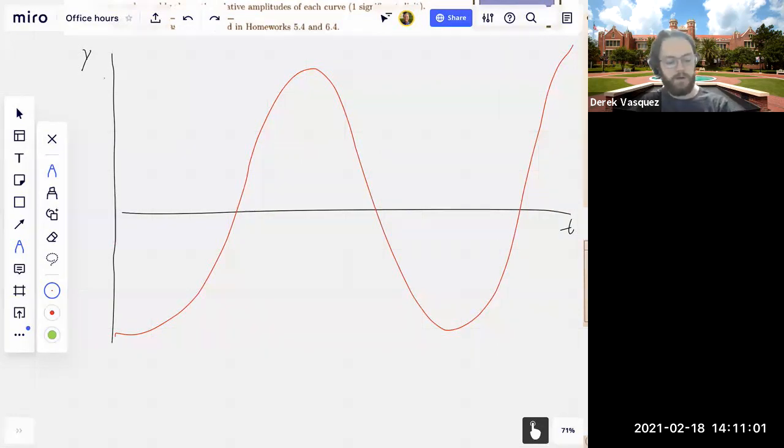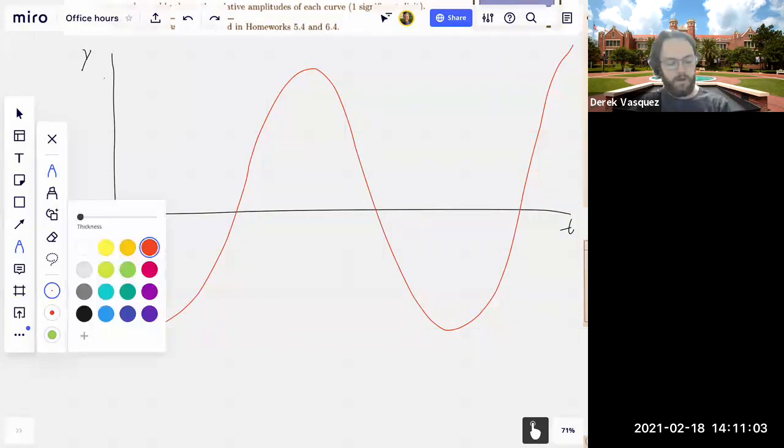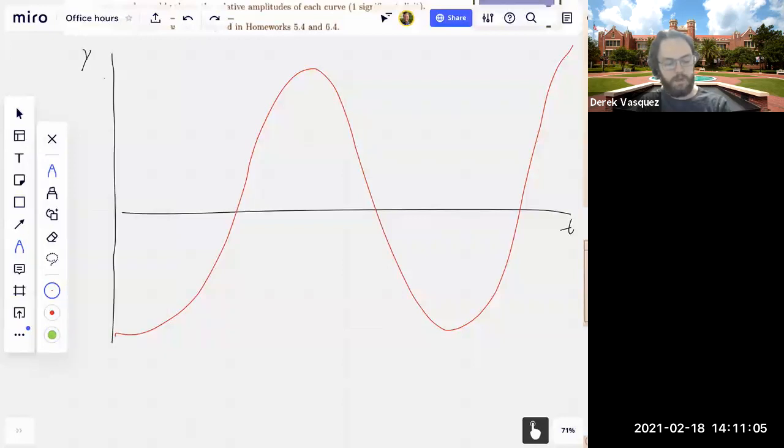So it's a high frequency but a low amplitude. So it looks something like this.